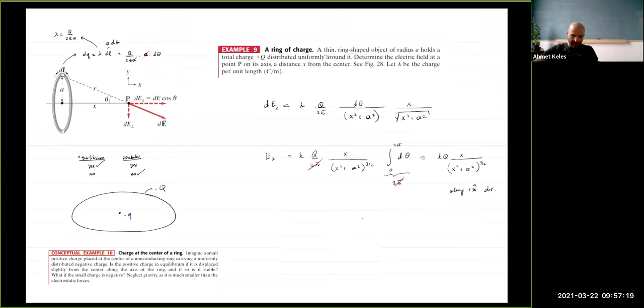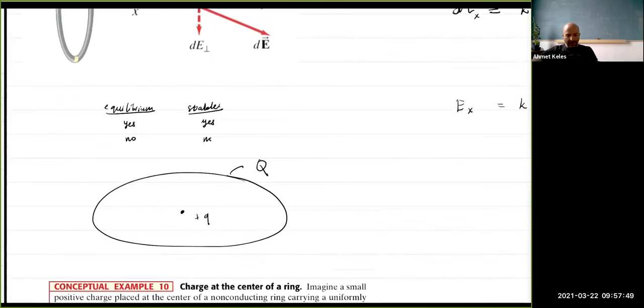Suppose the ring is again plus Q, and I put a test charge plus Q here. The net force is 0, right? Yes, so the net force is 0 on this charge.